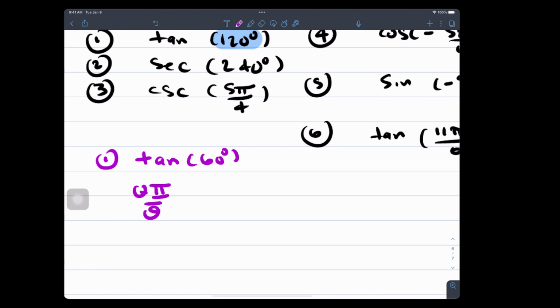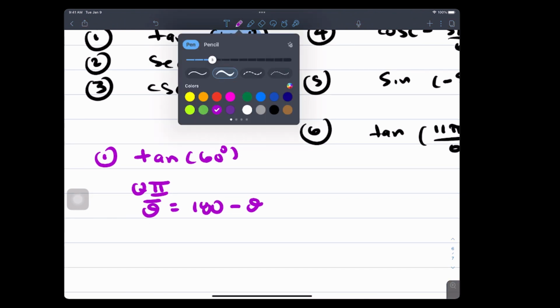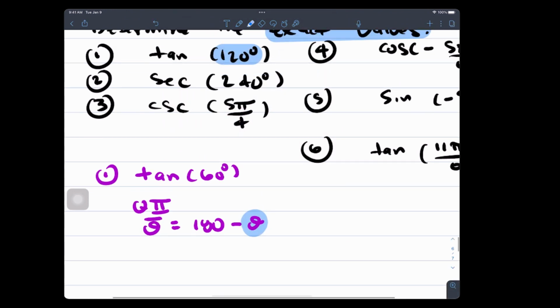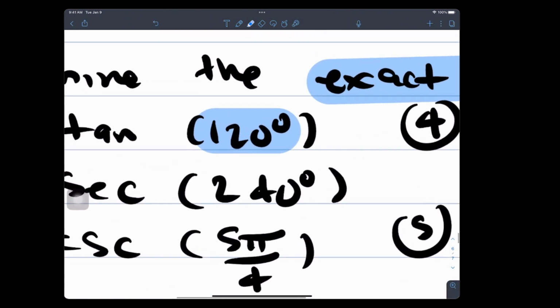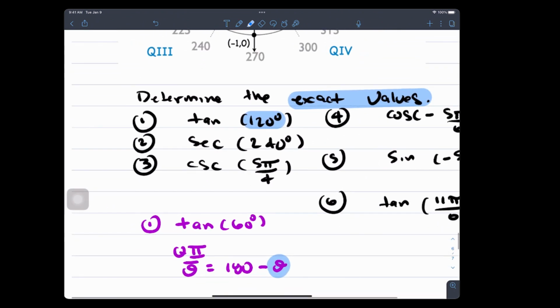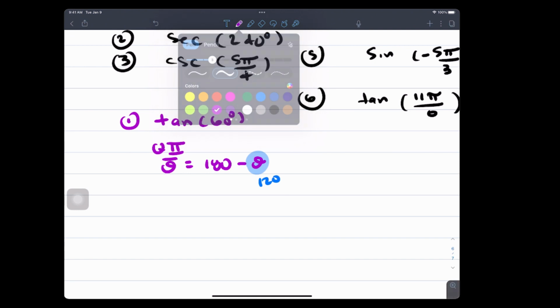The reference angle is 180 minus the angle in question, which is 120. This is the angle that they gave you. And yes, that's going to give you a nice 60 degrees. So this portion here is 120. Your reference angle is 60 degrees.